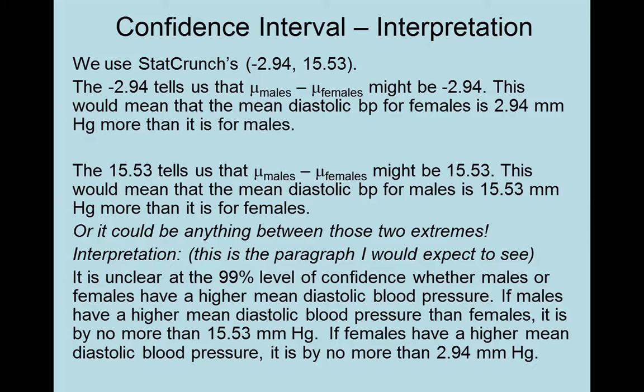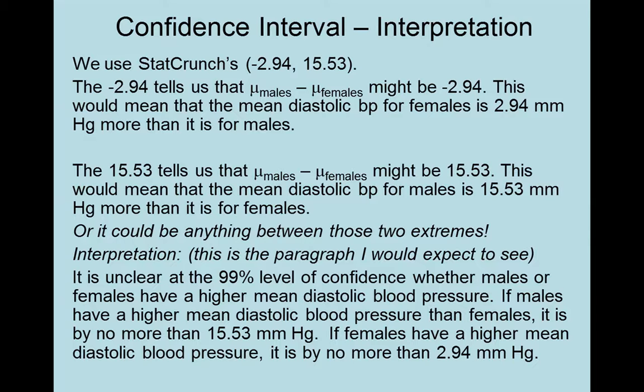Well, if you do a subtraction between two numbers and you get a negative result, it means the first number is smaller or the second number is larger. So this would mean the mean diastolic blood pressure for females, which was the second number, is 2.94 millimeters of mercury larger than it is for males.